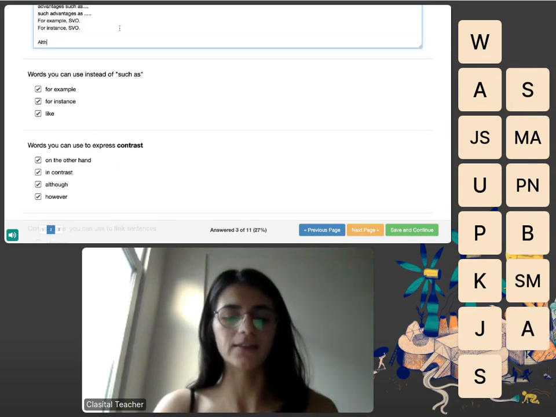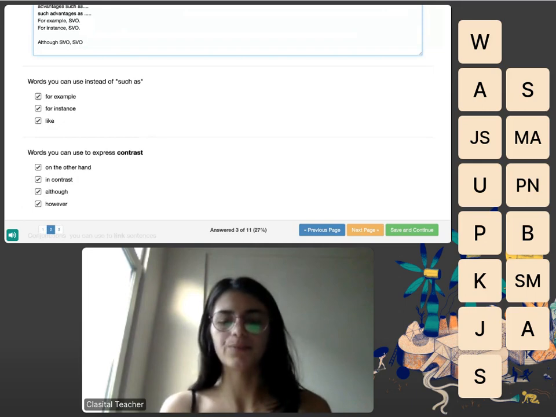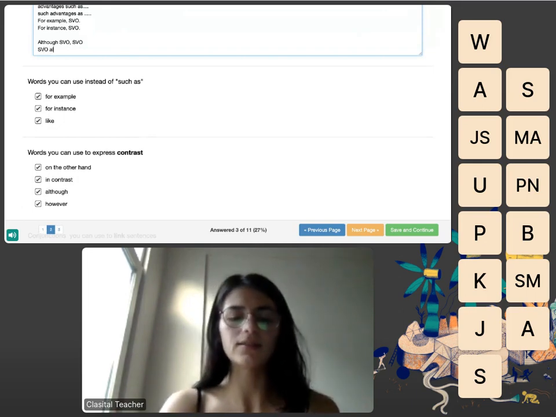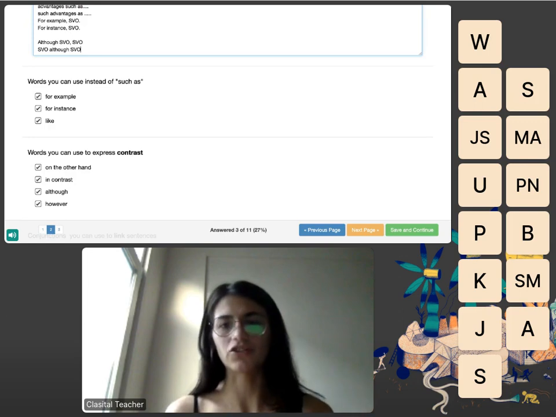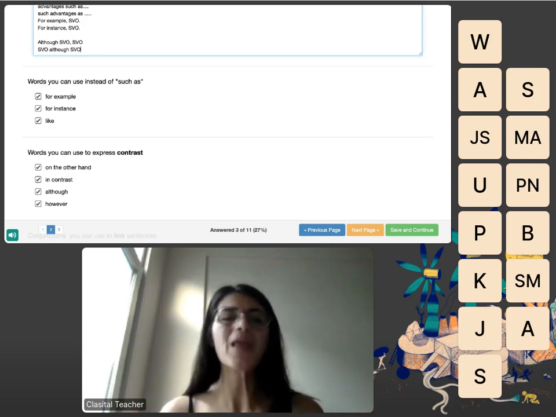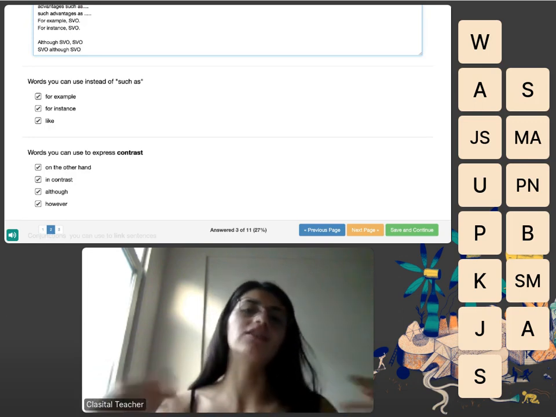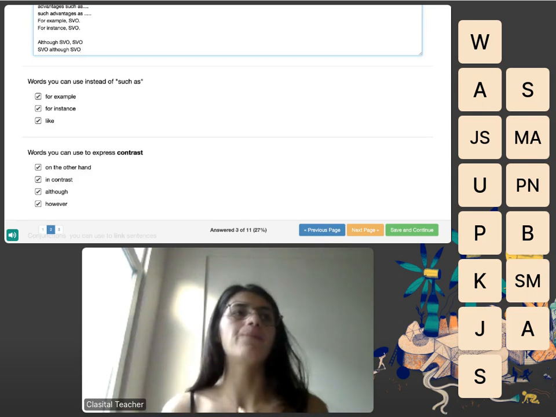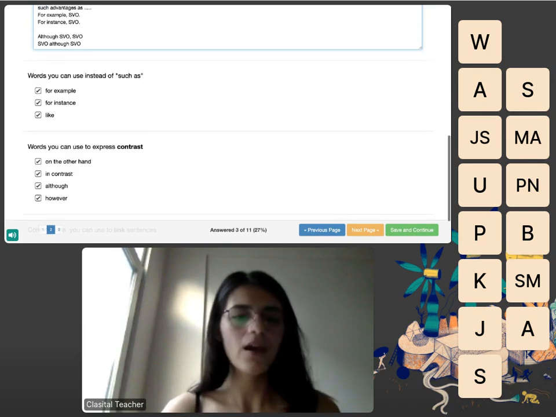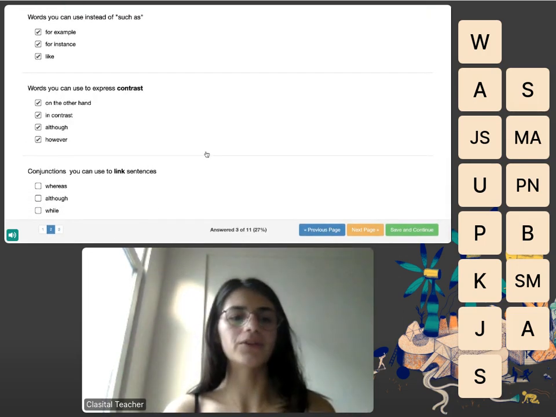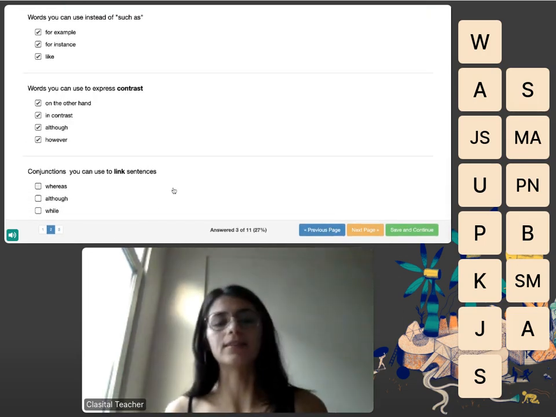So it is used like this: although, a sentence, and another sentence. Or we can say a sentence, although, and another sentence. So you can use all of them, but you sometimes need to change the grammatical structures as you use different things. All right, let's move on to how we can link sentences.